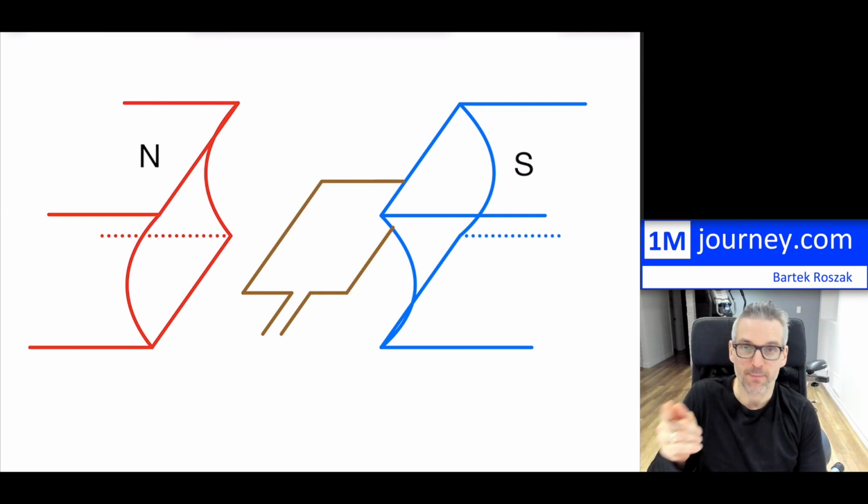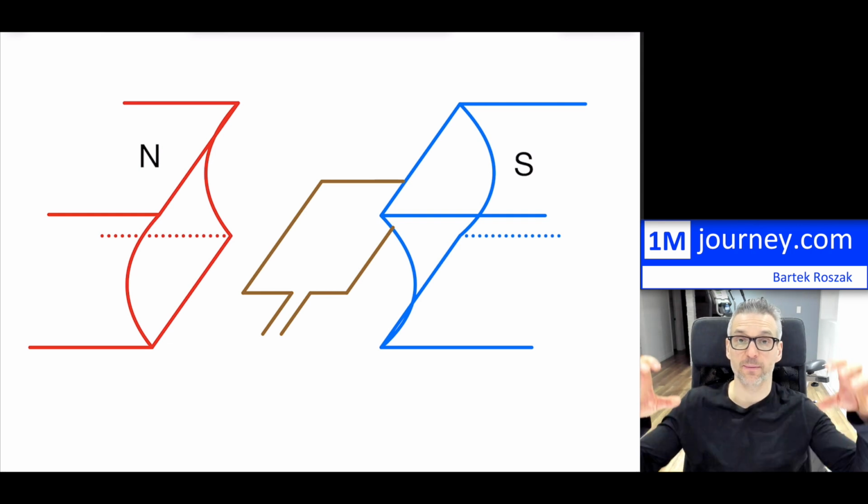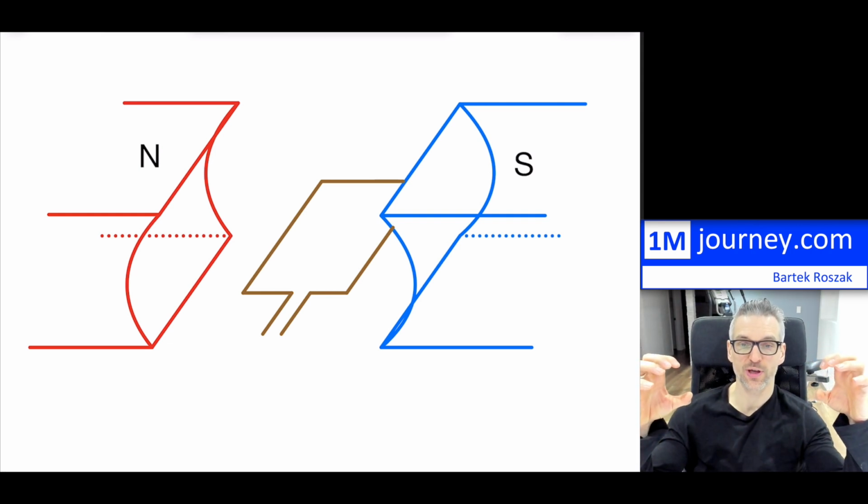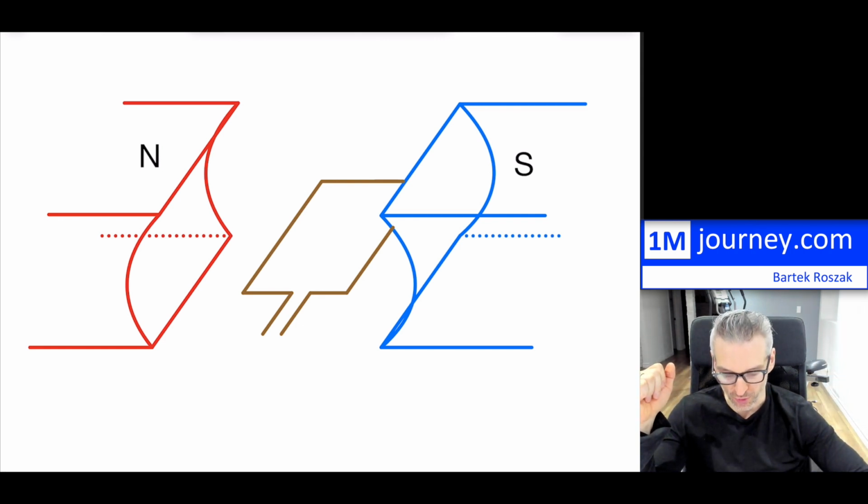As we're moving it back and forth, if you're going to move the coil in a fixed magnetic field, from the north to the south, you know that you're going to be changing the magnetic field. And therefore, if you're changing the magnetic field that goes through the coil, that means there's going to be a current produced.